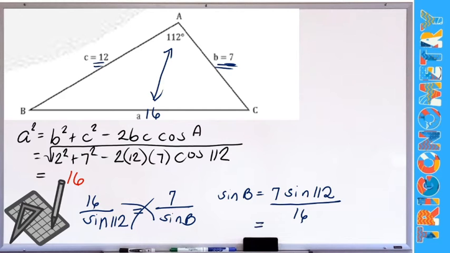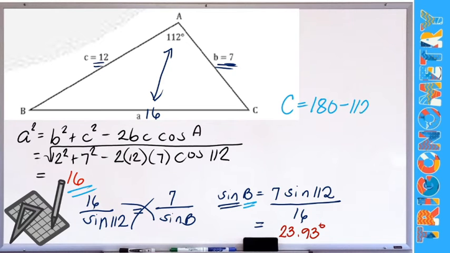So using your calculator, input this and then the inverse function since it's sine. If you get the inverse function, our answer is 23.93 degrees. Now, we already have your angle B and your side A. Now we're going to find your angle C. To find your angle C, we just simply subtract from 180.